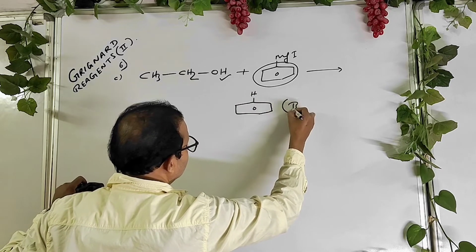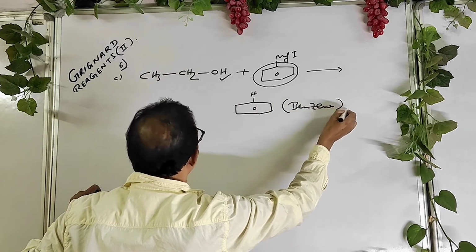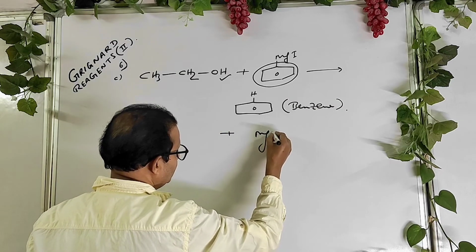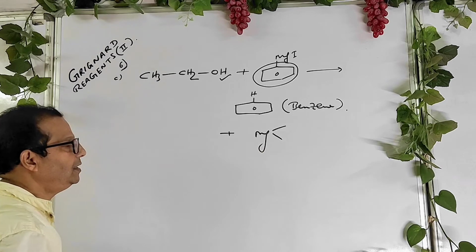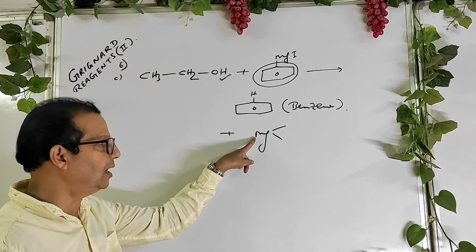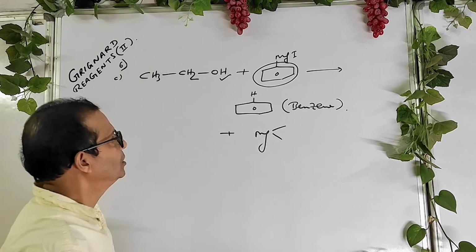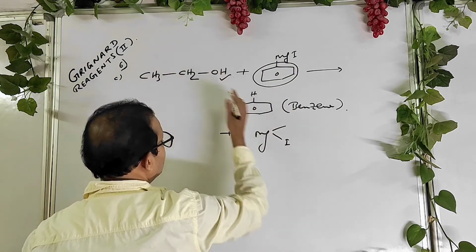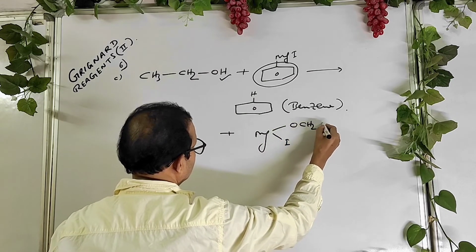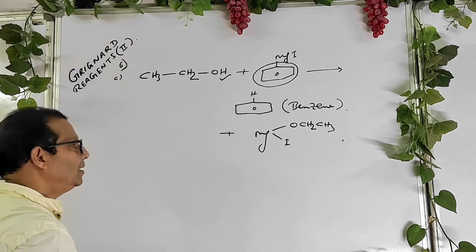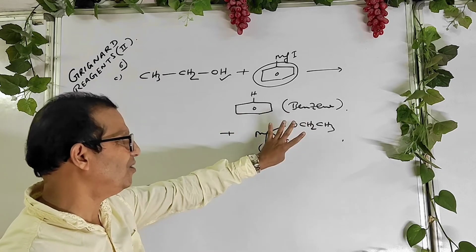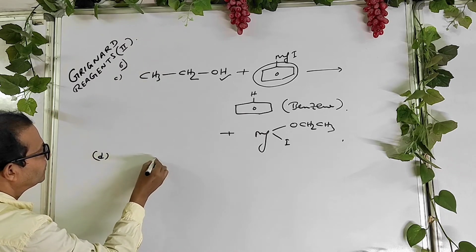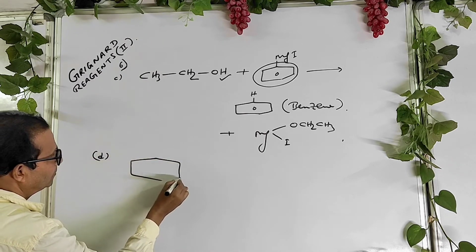So you get benzene. No need to write the byproduct. If you want to write the byproduct, magnesium has divalency because it has atomic number 12, that is 2, 8, 2. So on one hand attach iodine, on the other hand attach the rest. That's not important, this is the main thing.